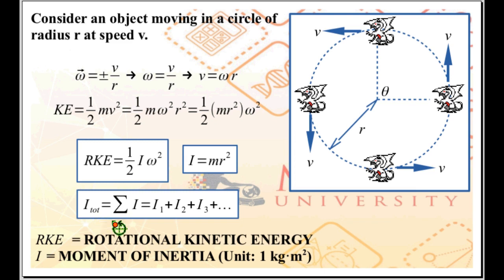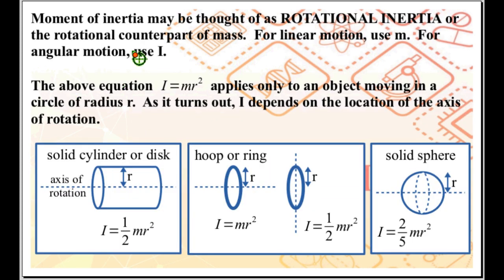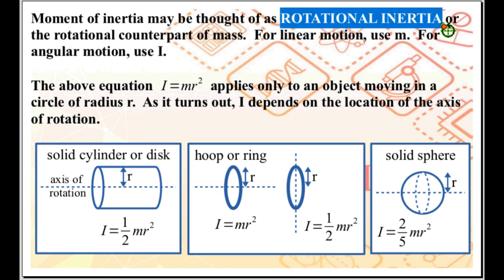So I total is equal to just the summation of the individual moments of inertia making up the system or making up the object. So again, I is equal to mr squared. As mentioned, moment of inertia may be thought of as the rotational counterpart of mass, rotational inertia.